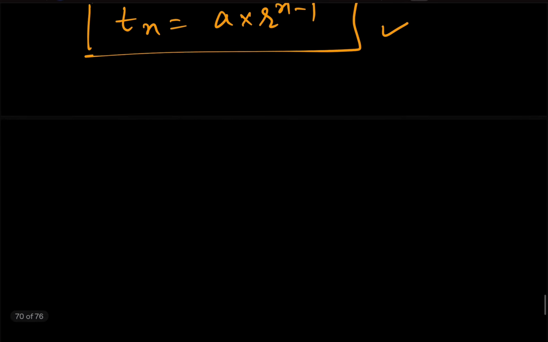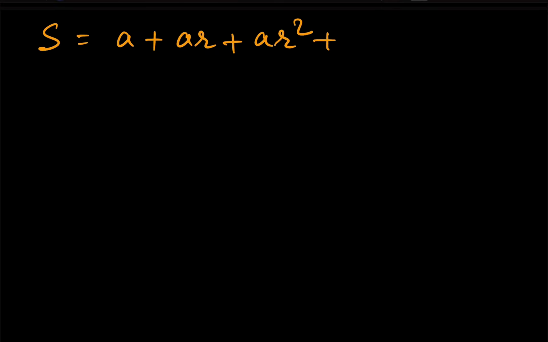Now let's find the sum of n terms of a GP. For example, suppose a GP is such that S is a plus a r plus a r squared, and suppose the final term is a r to the n minus 1. If you multiply the first equation with r, it will become a into r.